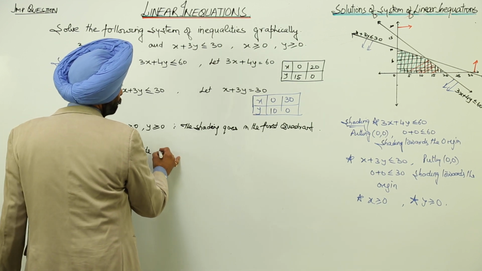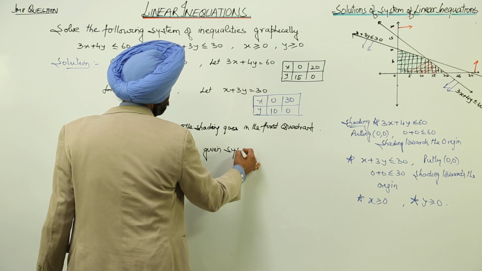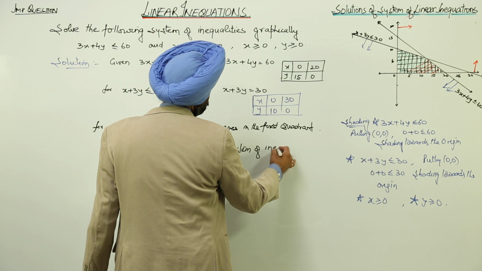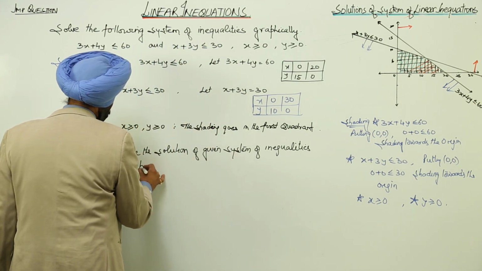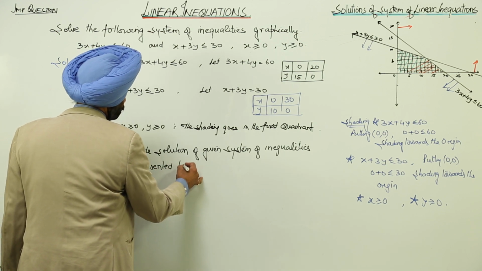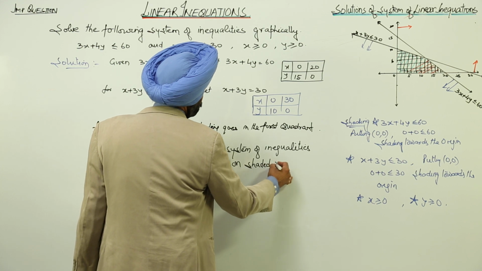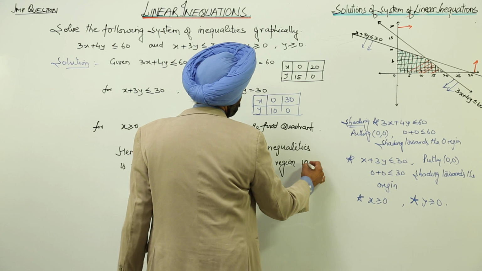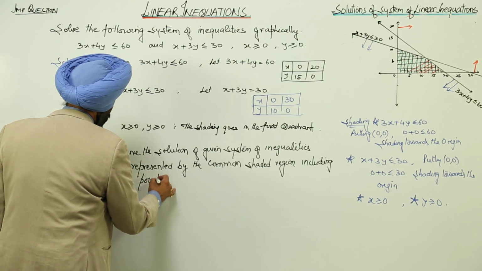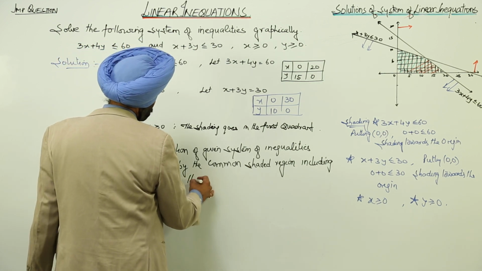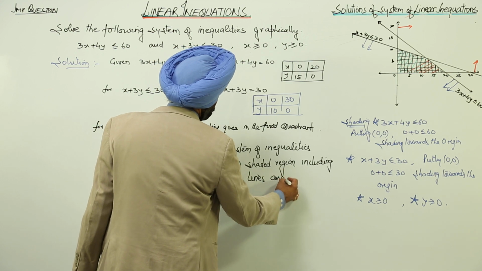Hence the solution of the given system of inequalities is represented by the common shaded region including the points on the respective lines and axis.